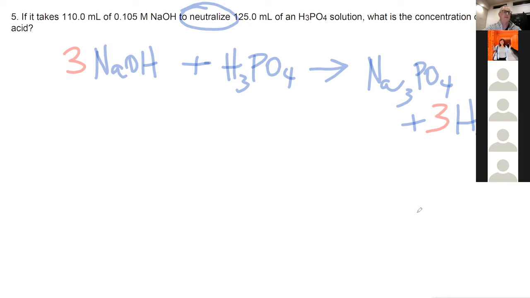So where do we start now? Because we're being asked, what's the concentration of the acid? So which one is the acid? Phosphoric acid. Right, so this is our acid. So we're being asked, what's the molarity of the phosphoric acid? That's the problem. So where do we start?